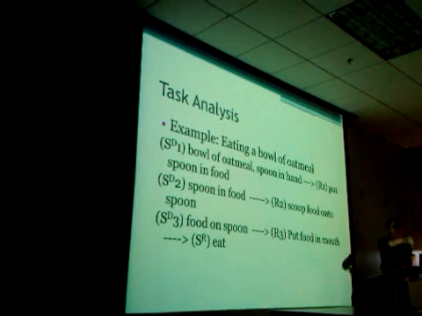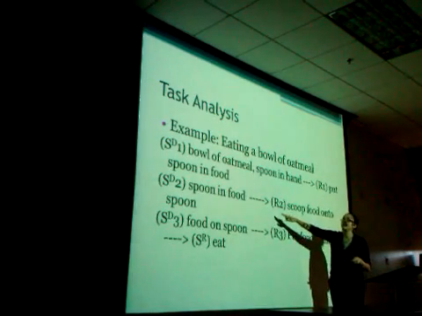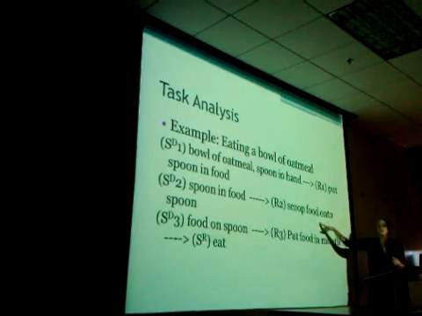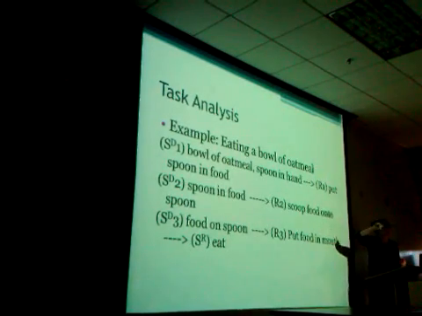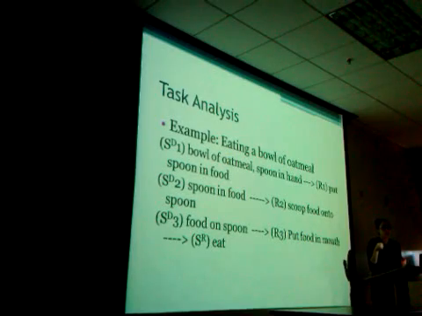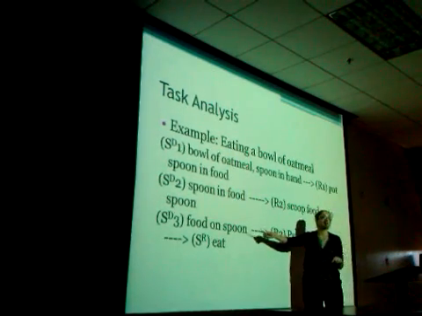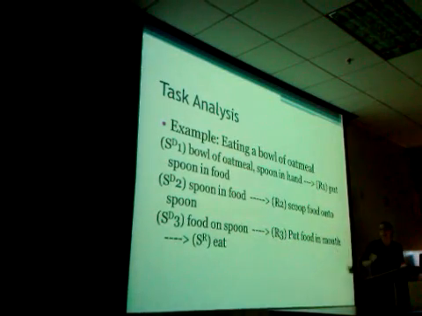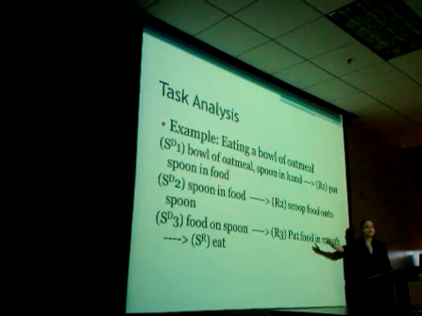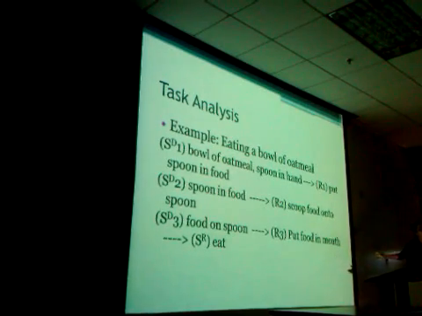So now, the spoon is in the bowl of oatmeal. That then becomes my SD2, which sets up my next response of scooping the oatmeal out. So now I have a spoonful of oatmeal, which then I can put in my mouth and eat my oatmeal. And the reinforcer is I get to eat my oatmeal.